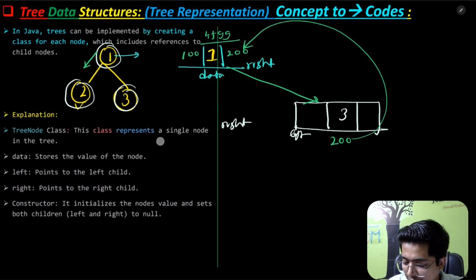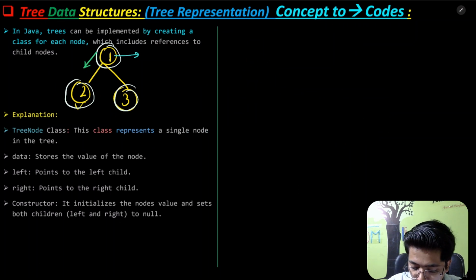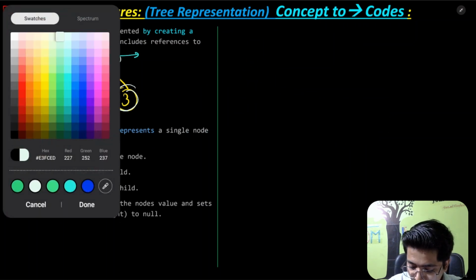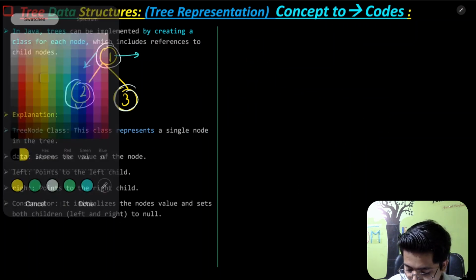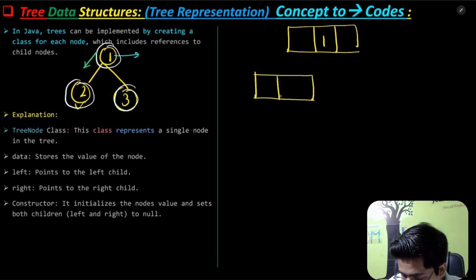Now we'll understand how we can represent it in code. Let's again represent this 1, 2, 3 as the actual architecture. This is 1, and there is a node 2, and a node 3.